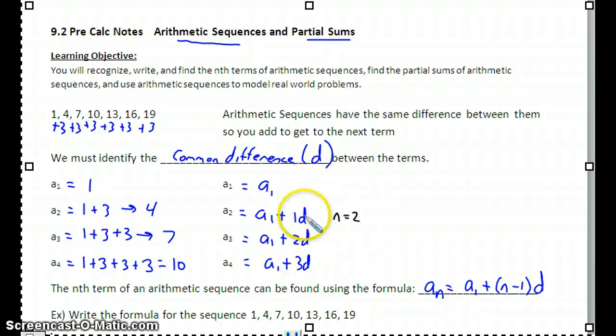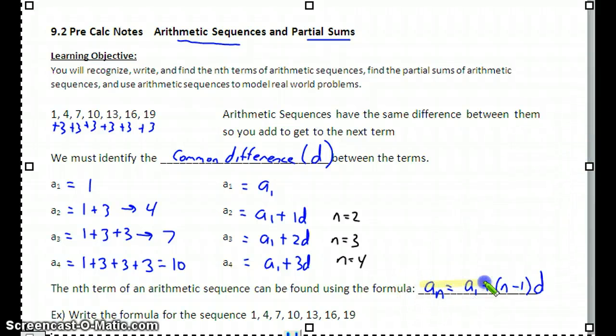So that's 1 less than 2. In this one, when our n is 3, I'm adding 2 common differences. When n was 4, I'm adding 3 common differences. So the number of common differences is always 1 less than whatever n was. So if n was 4, this is 3. If n was 3, d is 2. So that's how you can find the formula.